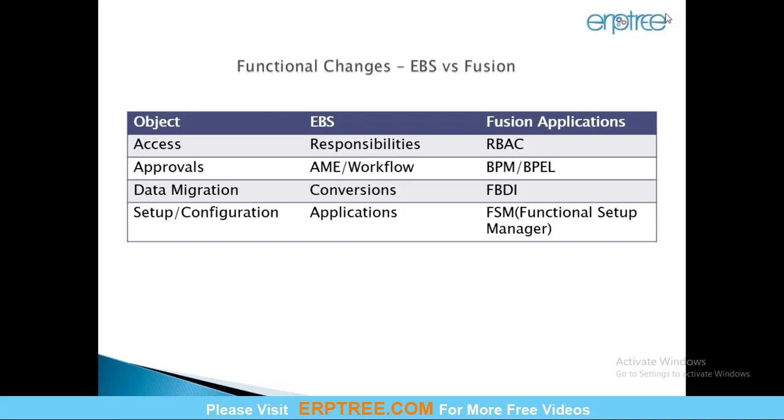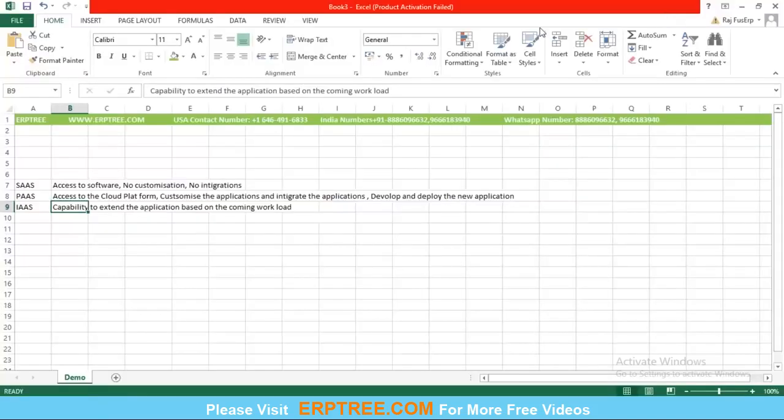Okay, so let me take you to that Excel file back. When I say cloud, and I say Fusion: cloud is something like a platform for any application developer to host its applications on the cloud.